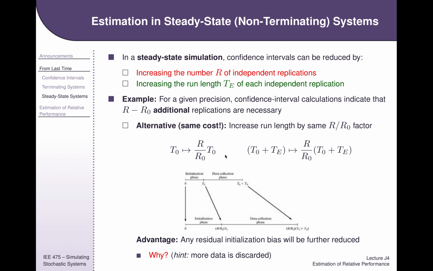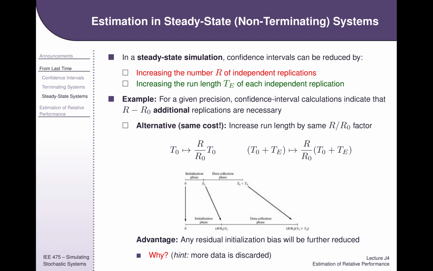Instead of running more replications, we're running a single replication longer, and we are not only getting more total data, but we're also discarding more data. Those two things together, getting more total data squashes variance, and getting rid of more of the initialization phase is going to squash that bias.